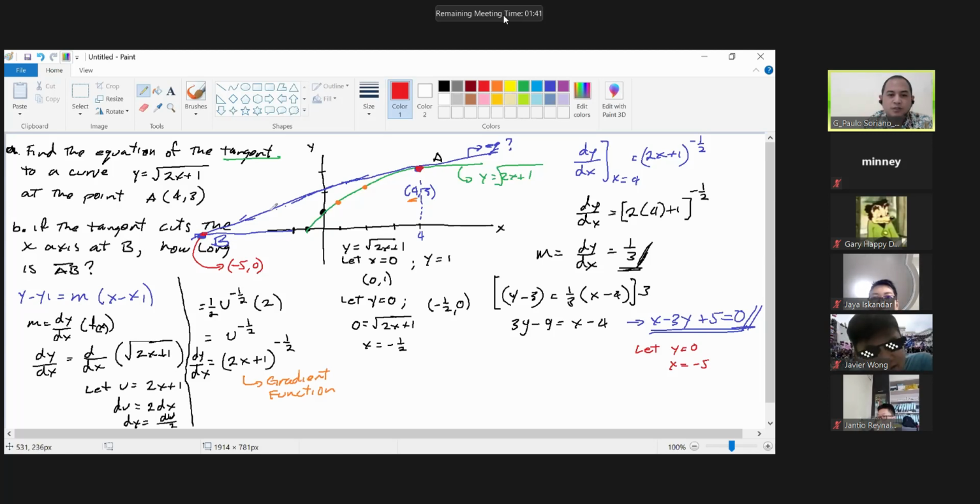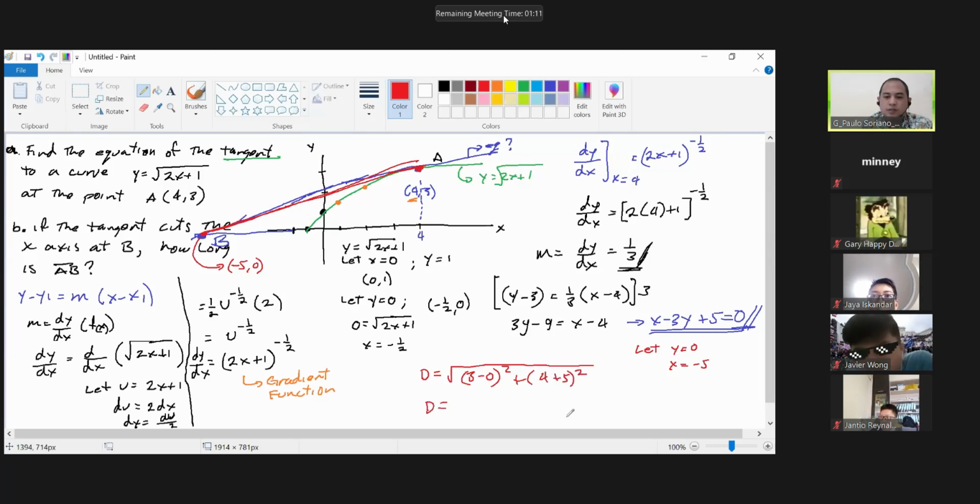Now that we have that, last question: how long is segment AB? Using the distance formula. D is equal to the square root of (3 minus 0) squared plus (4 minus negative 5) squared, which is 4 plus 5 squared.